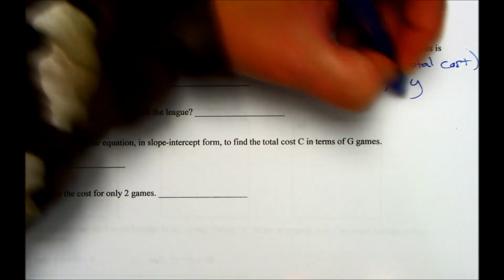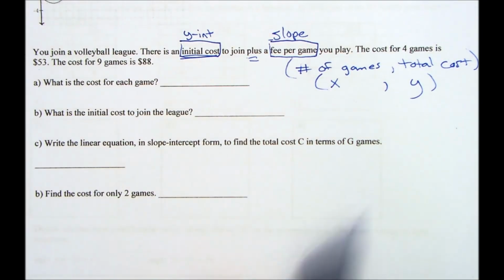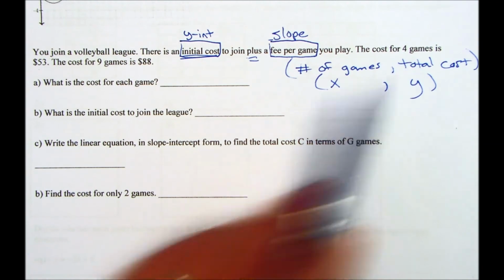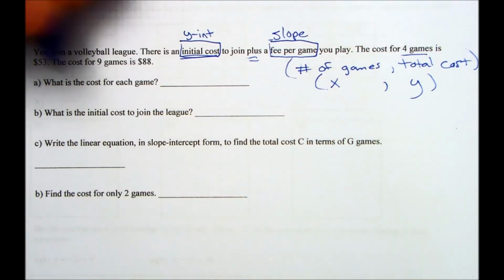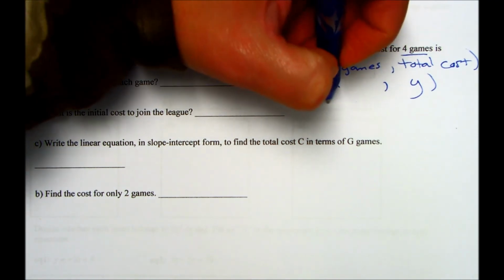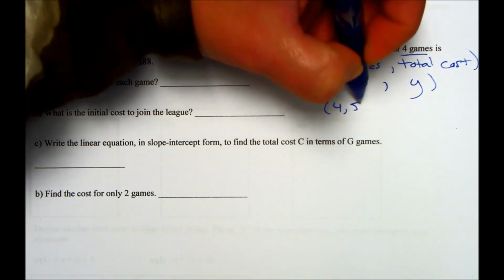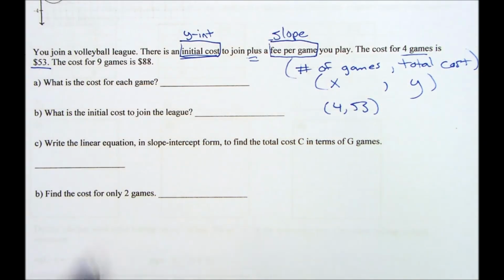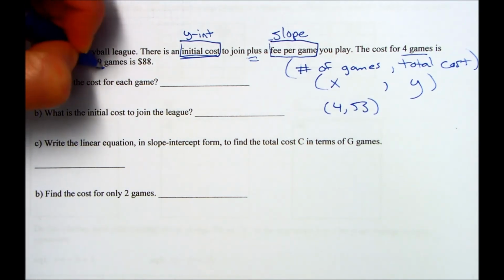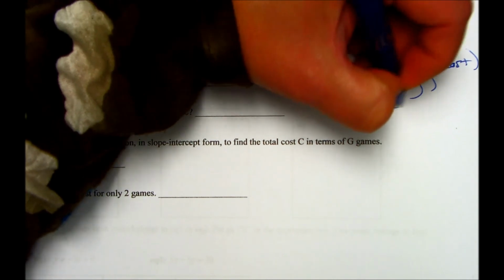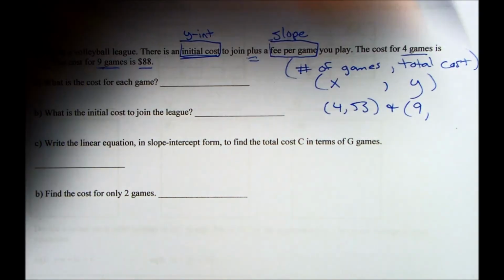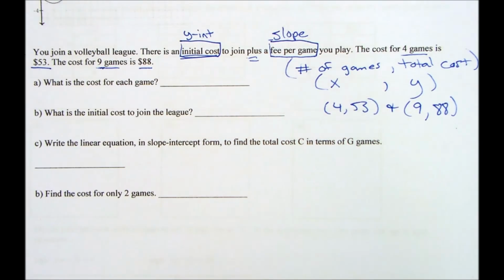The total cost is basically your Y value. So if they tell us 4 games cost $53, that is a point. The second point that they're giving you is the 9 games costing $88. So 9 is the number of games, 88 is the total cost.